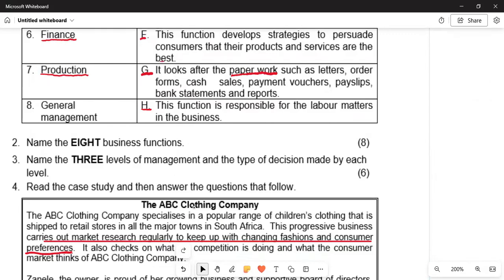So top level management, we know that they plan for the entire organization. But the middle level management, we have said, they come up with what? Tactical decision making, whereby they are going to implement the decisions that were made at the top.